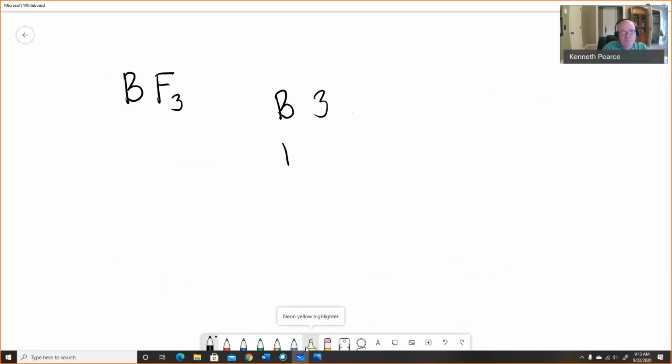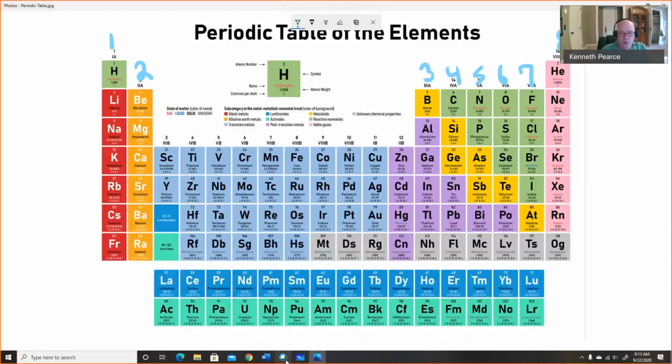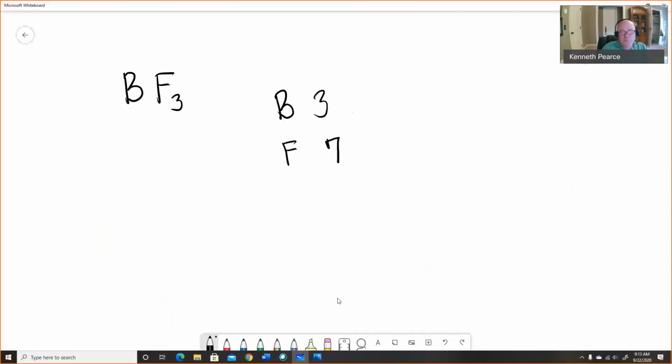And each fluorine has 7 valence electrons. You can see on the periodic table that fluorine's over in the 7. But there's 3 of them. This gives me 21, for a grand total of 24.